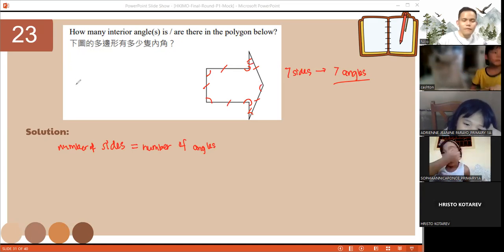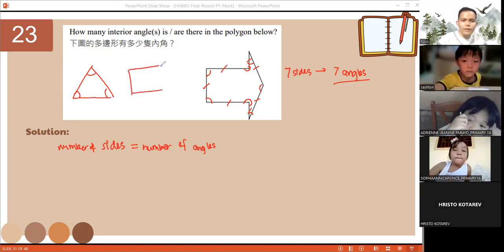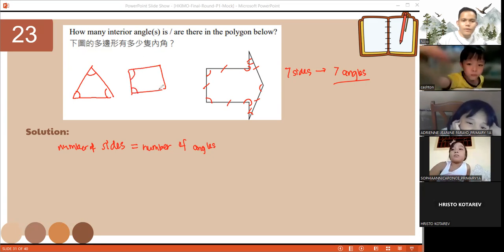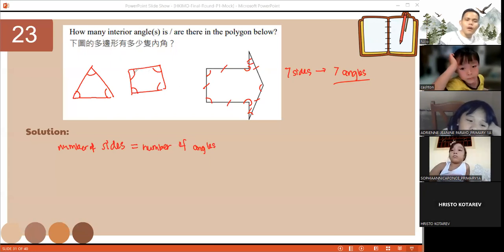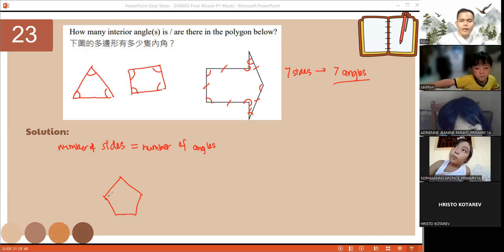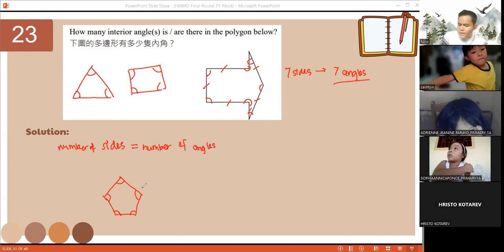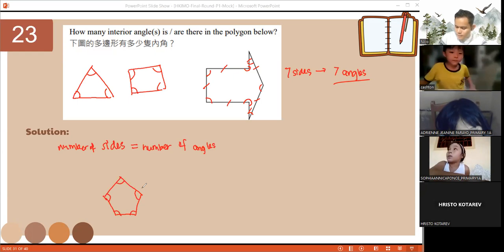For example, if you have a triangle, the angles is 1, 2, 3. 3 angles, triangle. If you have square, that would be 1, 2, 3, 4. 4 angles, right? So it's like the opening of two sides. Okay? If you have a pentagon, it would look like this. What are the angles? It's 1, 2, 3, 4, 5. So 5 angles for pentagon. Also, it has 5 sides, so it satisfies, right?